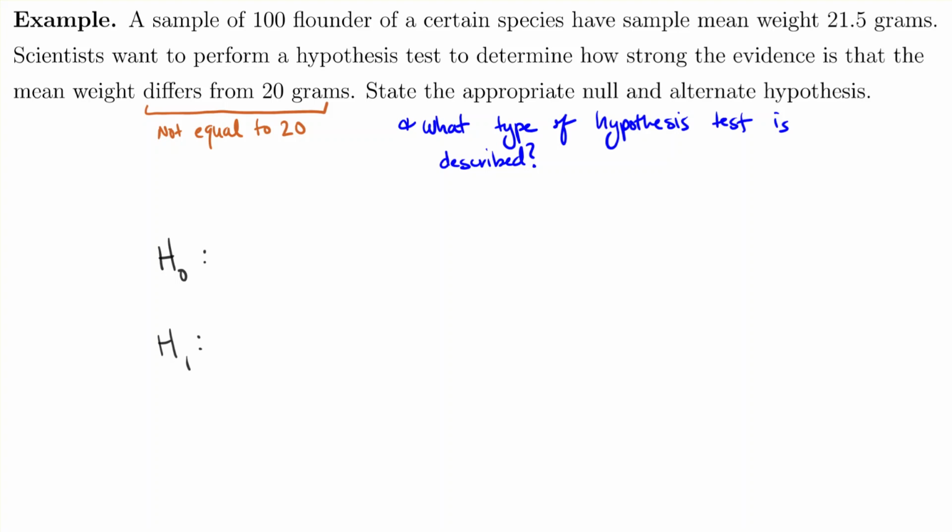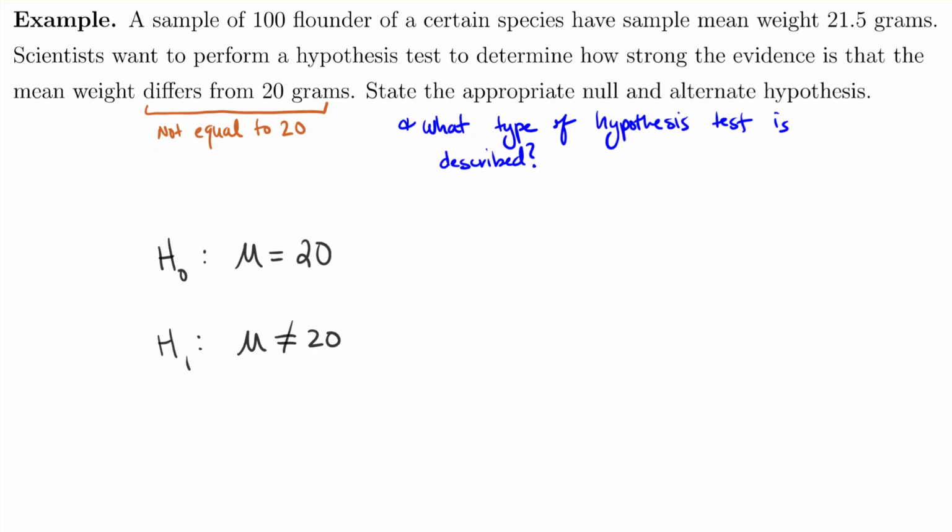Now, our null hypothesis will always be that our mu is equal to some value. In this case, let's say mu is equal to 20 because 20 is the point we're interested in. We're going to assume mu is equal to 20, and if we have enough evidence, we'll be able to show that in fact, our alternate hypothesis mu is not equal to 20.